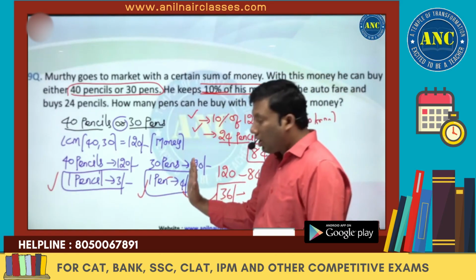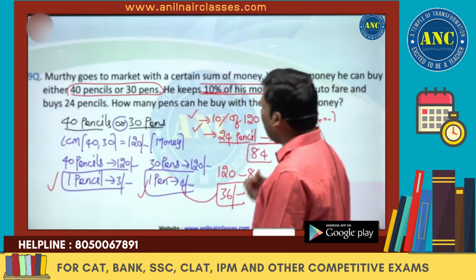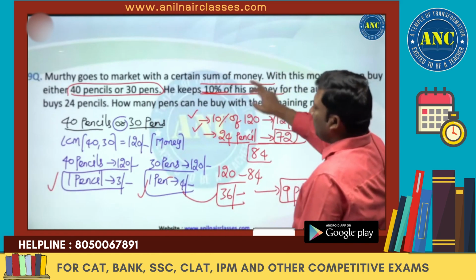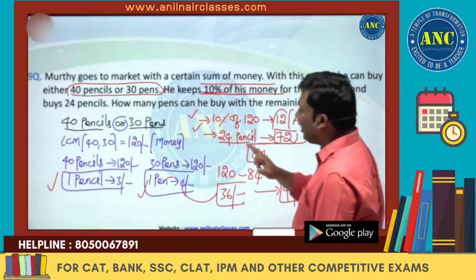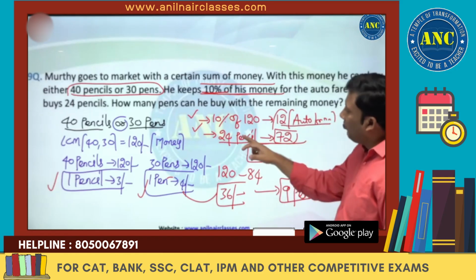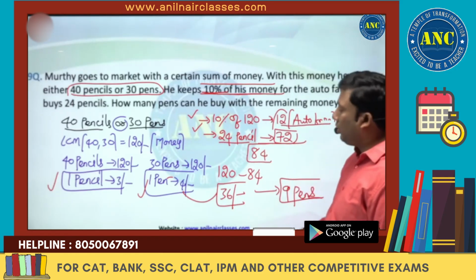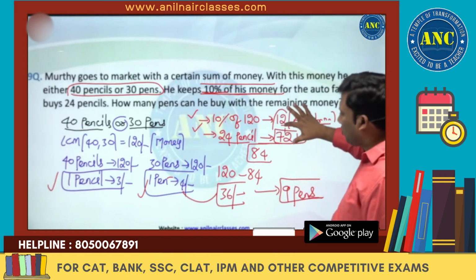This is the cost of a pencil and a pen based upon the data. Then next day, he went to a shop. He spent 10% of his income, which we call 120 rupees. 12 rupees auto fare, it is over. Then he purchased 24 pencils. Each pencil 3. 24 3s are 72.